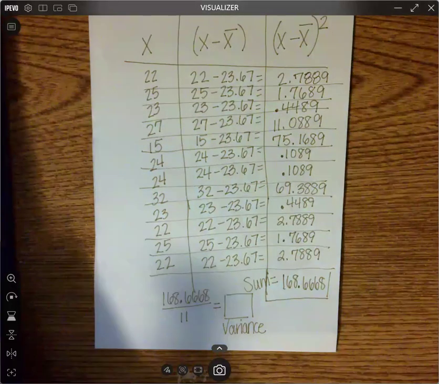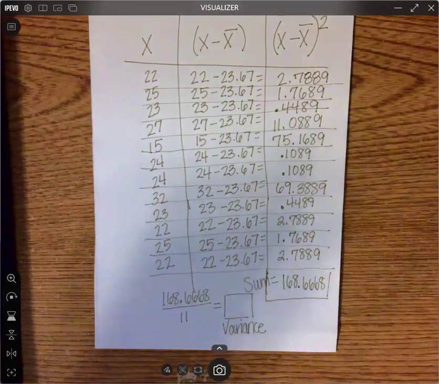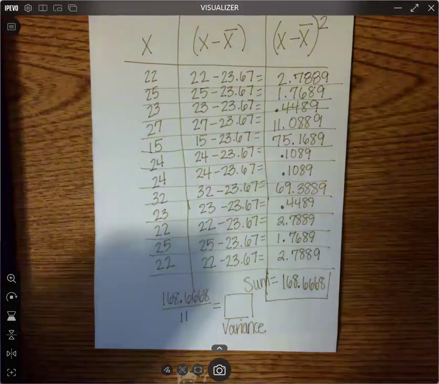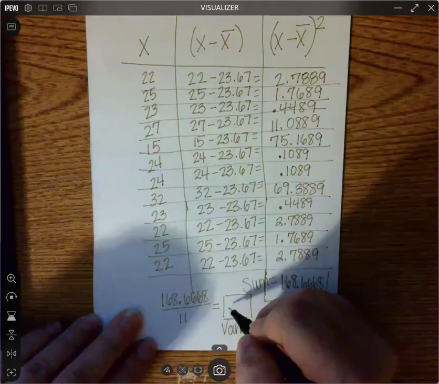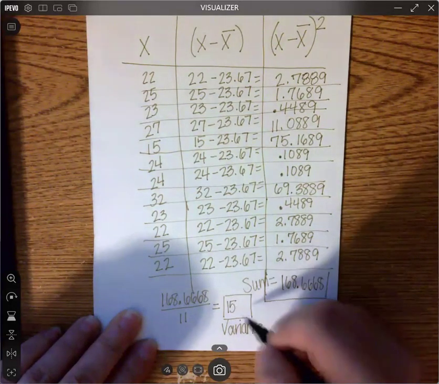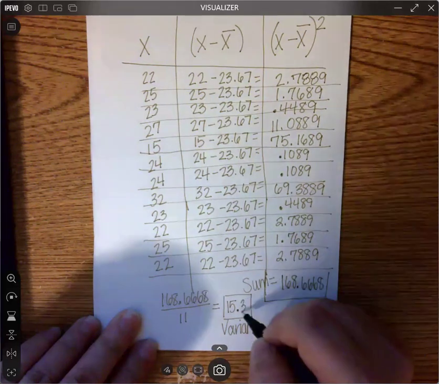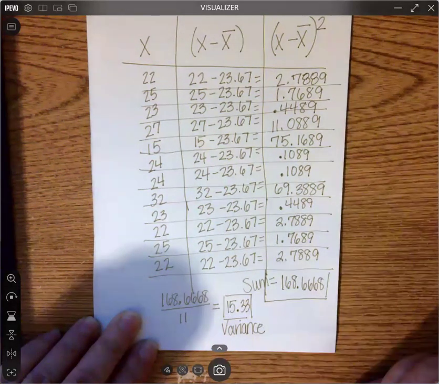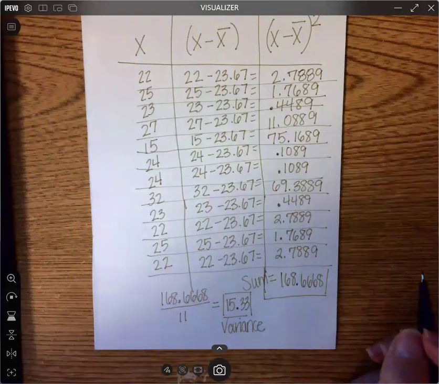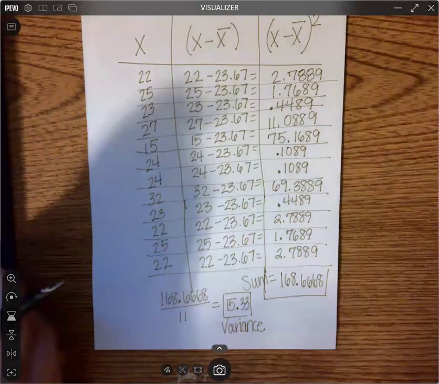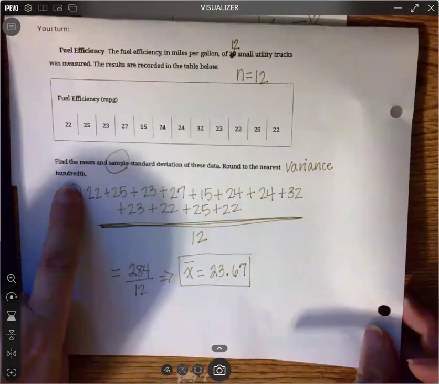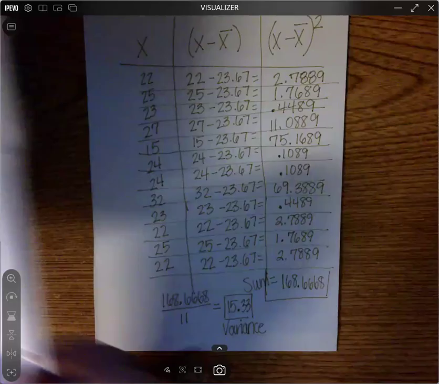I'm going to grab my calculator. I get 15.3 repeating, then 4545. So I'm just going to write down 15.33. 2 decimal places are always plenty for me, unless it asks for something different. And this problem did ask us to round to the nearest hundredth, which is 2 decimal places.